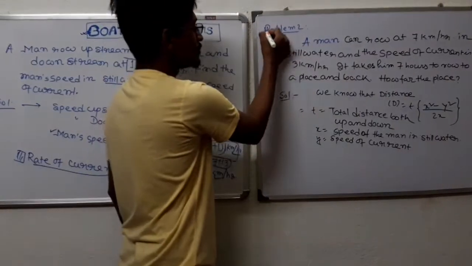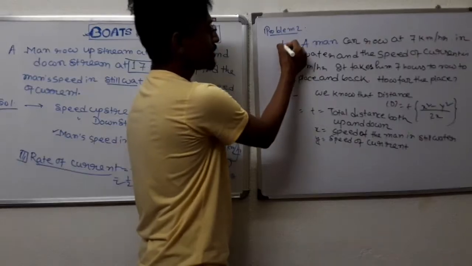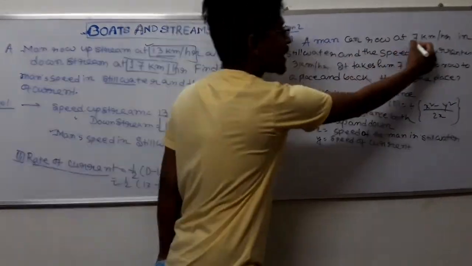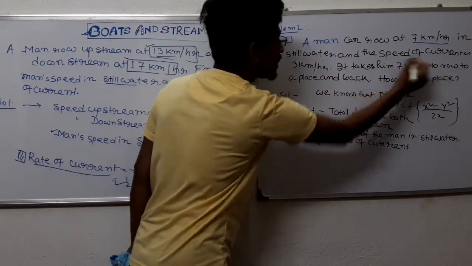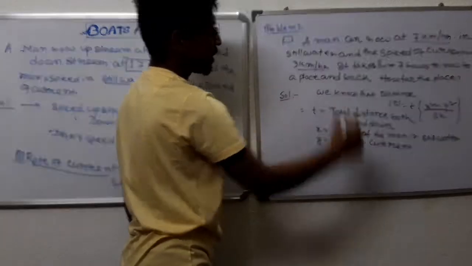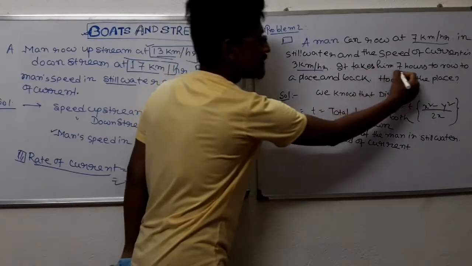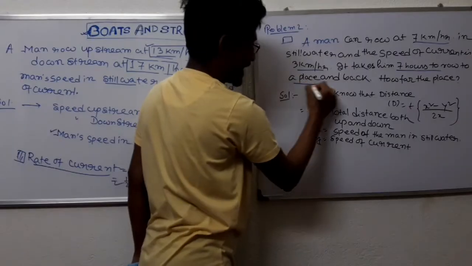Now problem number 2 says a man can row at 7 km per hour in still water and the speed of the current is 3 km per hour, right? It takes 7 hours to row to a place and back. How far is the place?